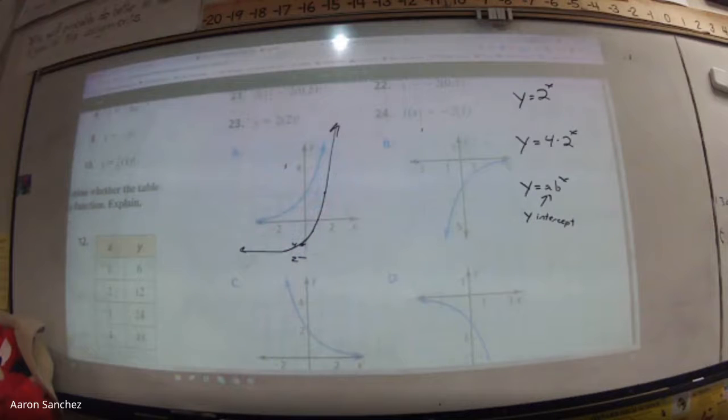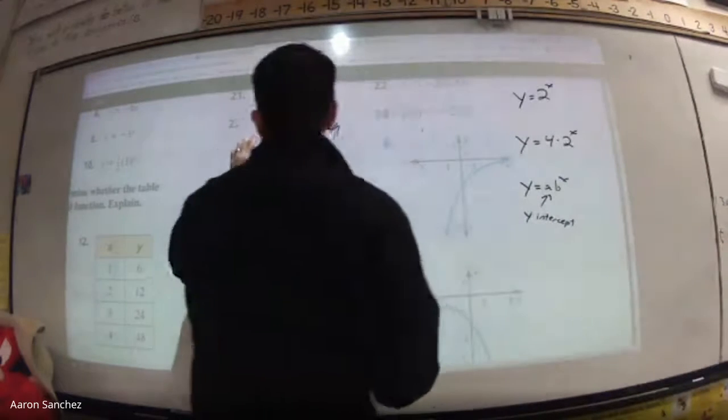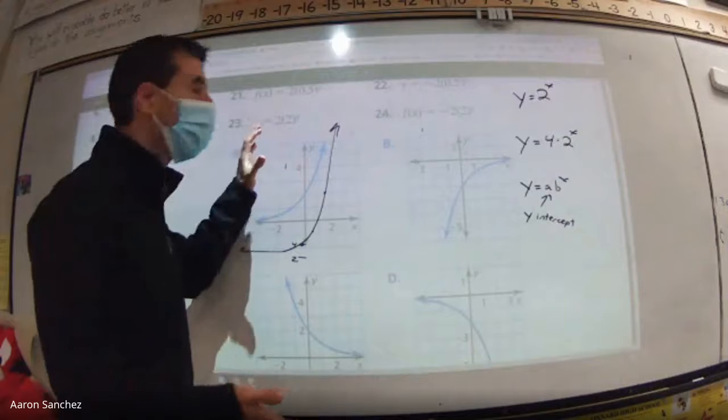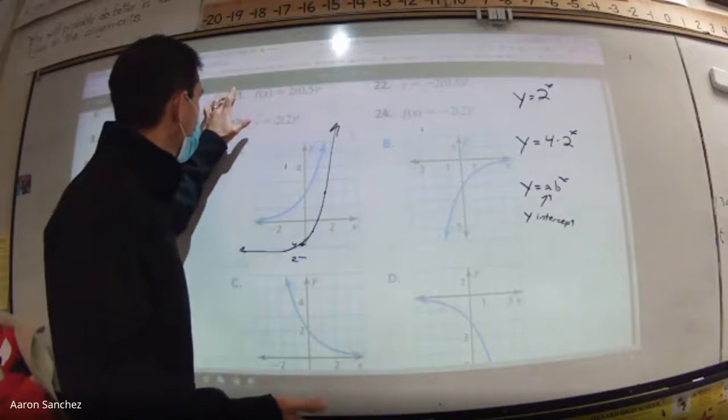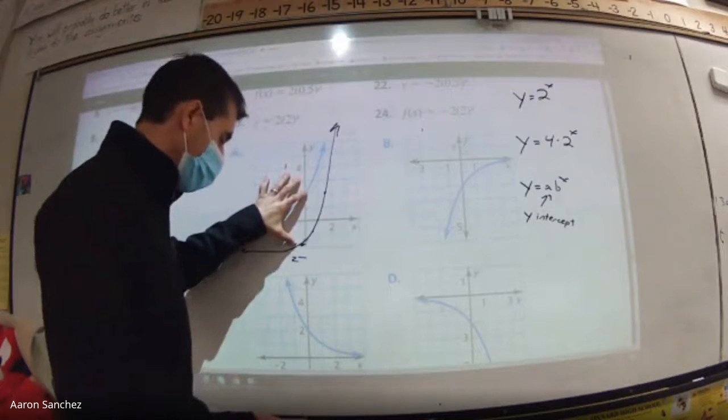That works. Okay. So, can you guys see this? We have to match. Okay, so we're looking at 21 in the homework. We have to match the equation with the graph.